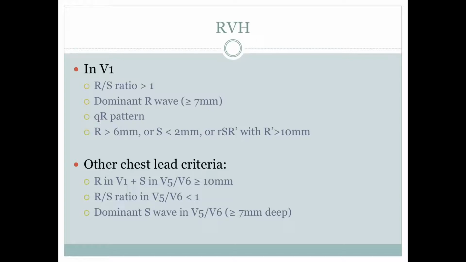This can also be classified as a dominant R wave, anything greater than 7 millimeters in lead V1, or a QR pattern with a small Q wave. The other chest lead criteria for right ventricular hypertrophy, I don't know if any of these are particularly helpful in terms of memorizing, but they're there if you want to memorize them. I typically don't even look at them.